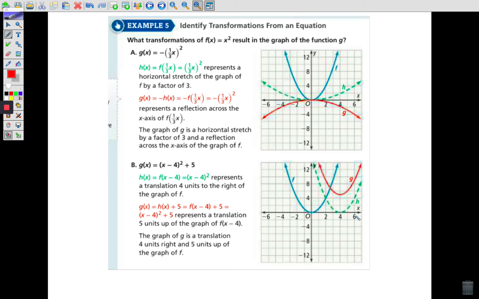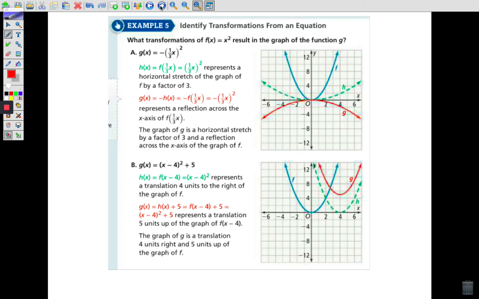All right, so then the plus 5 tells us that not only are we going to move right 4, but what are we going to do with that plus 5? Move up 5 units. Y'all agree with that? I know it doesn't look it here, but this went up by 2s, 2, 4, 6, 8, so it did move up 5 units. So the translation of this graph was 4 units right and 5 units up.